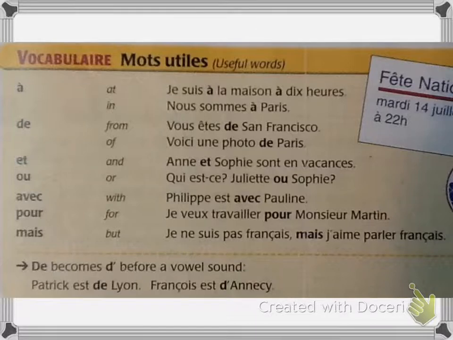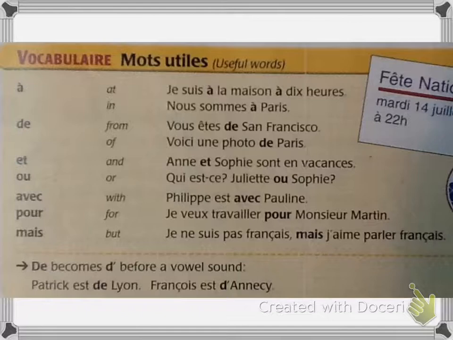Right, working through the translation of these, the a sentences. I am at home at 10 o'clock. We are in Paris. You are from San Francisco. Here is a picture of Paris. Anne and Sophie are on vacation.